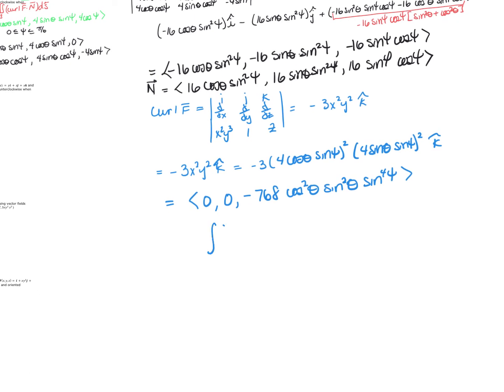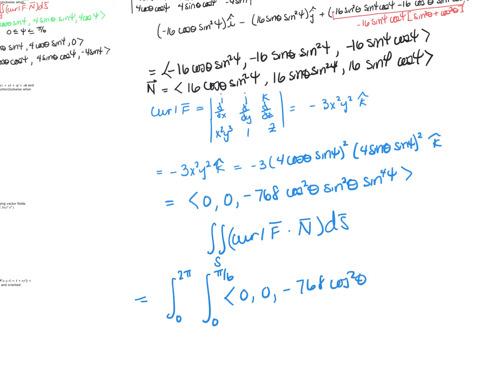So my integration on my surface of the curl of f dotted with n dS is equal to, I'm going to integrate with respect to theta last, so from 0 to 2 pi, from 0 to pi over 6, that's going to be my phi, of 0, 0, negative 768 cosine squared theta, sine squared theta, sine to the 4th phi, dotted with my n.